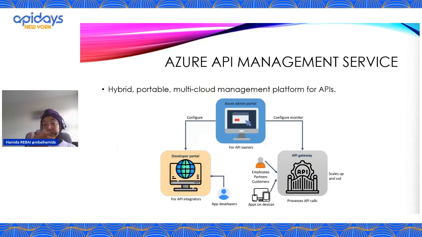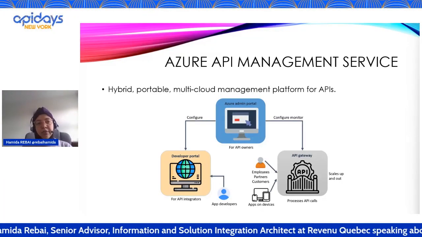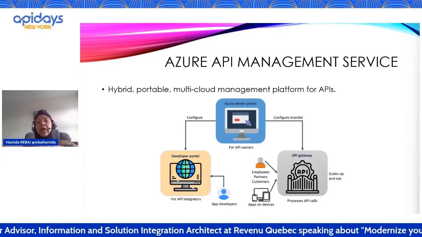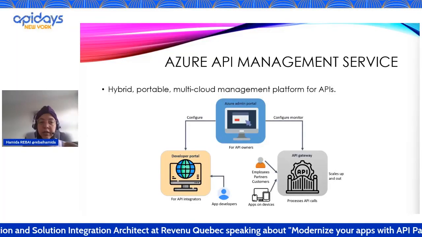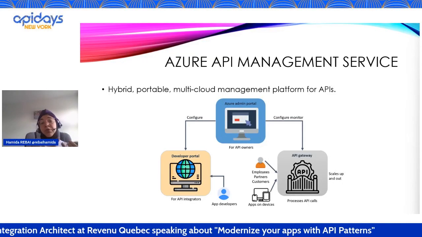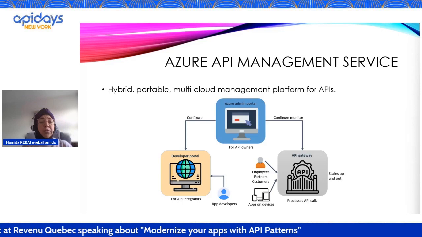And to finish, we will present a solution where we are able to use the API gateway pattern: the Azure API Management service. All providers have their own API gateway, and this is an example from Microsoft. Azure API Management is a hybrid, portable, multi-cloud management platform for APIs.